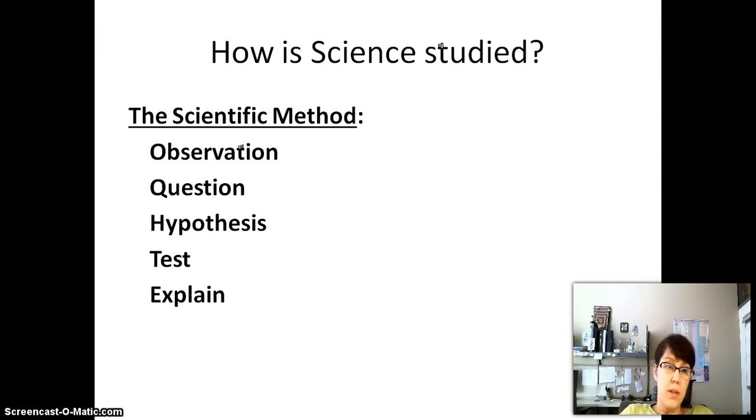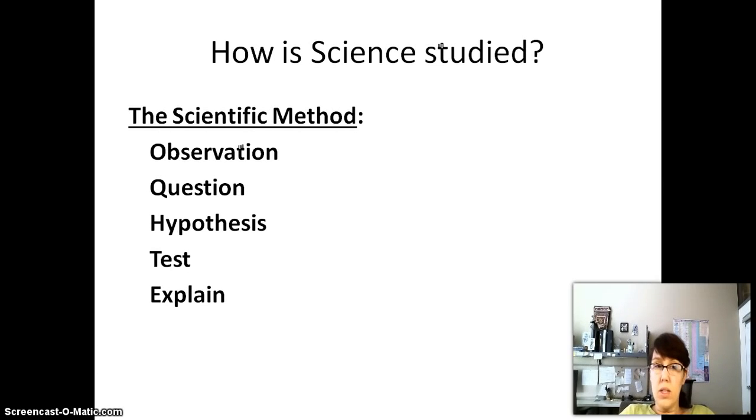Your hypotheses are your tentative explanations for your observation. Then you would design a test or an experiment to test your predictions. You'll find particular results, and those results you can use to either explain your observation or to generate more questions.